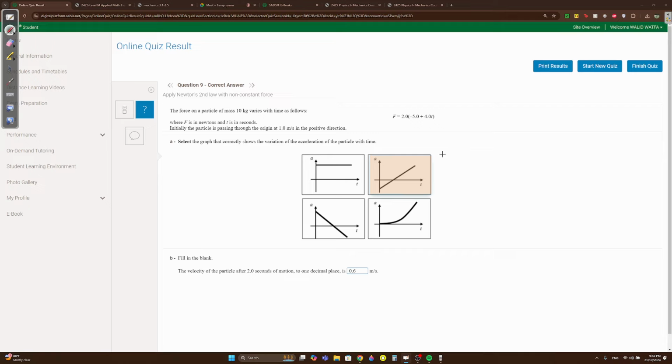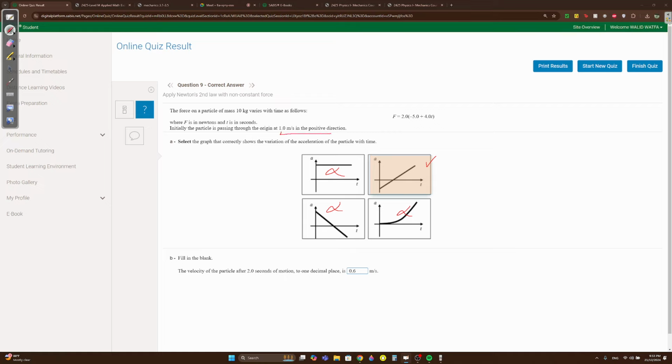Because f equals ma, since f is increasing at a constant rate, a should also be increasing at a constant rate, so a straight line. It's not gonna be this one because a is decreasing, and obviously not this one because it's curved. This one is wrong because it's going down. I guess it should be the only correct one.